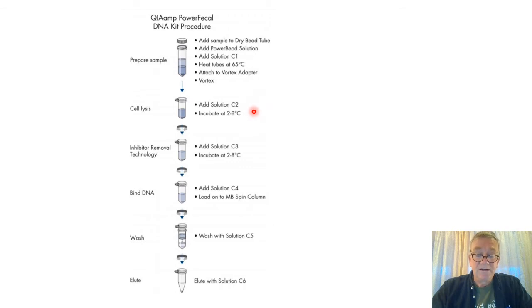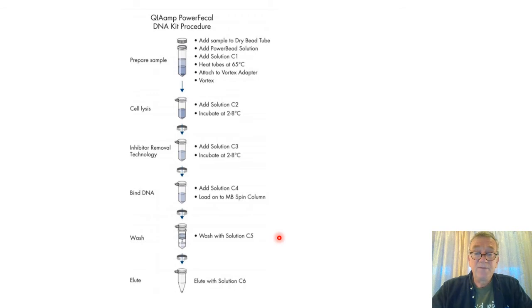In this process, where you beat the cells, you have all these solutions, and you incubate at the end, then the cells have lysed. After that, we add some more solutions and we incubate and so on. These steps will make sure that the cells have lysed, and that fatty acids and some other molecules will be separated from the liquid where the DNA is present, so we have started the process of purifying here.